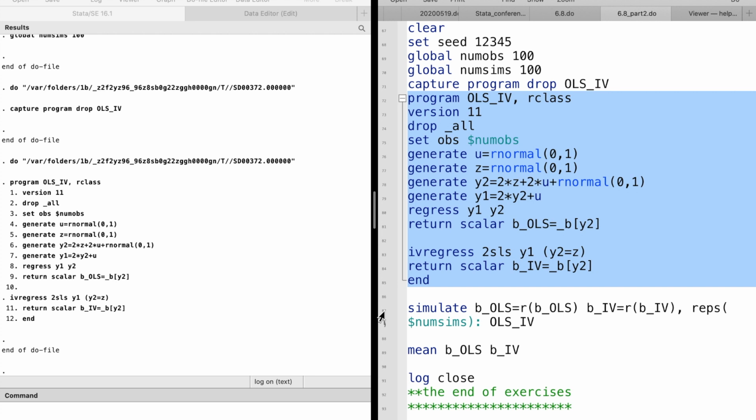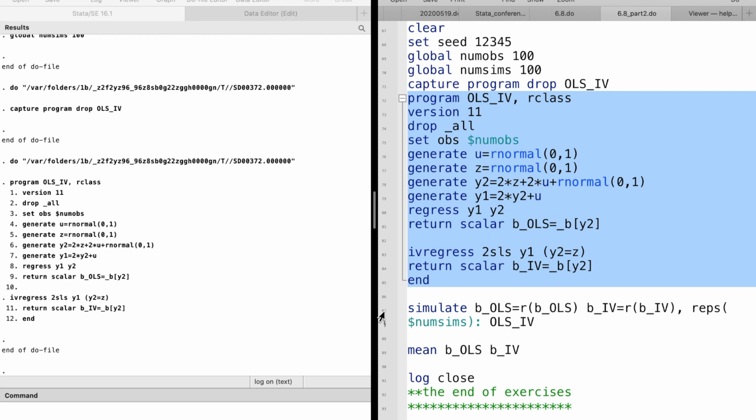Finally, we generate the dependent variable Y1, which is equal to 2 times Y2 plus the error term. The above is the data generating process. Then we run the OLS regression and return the estimated coefficient in scalar BOLS.